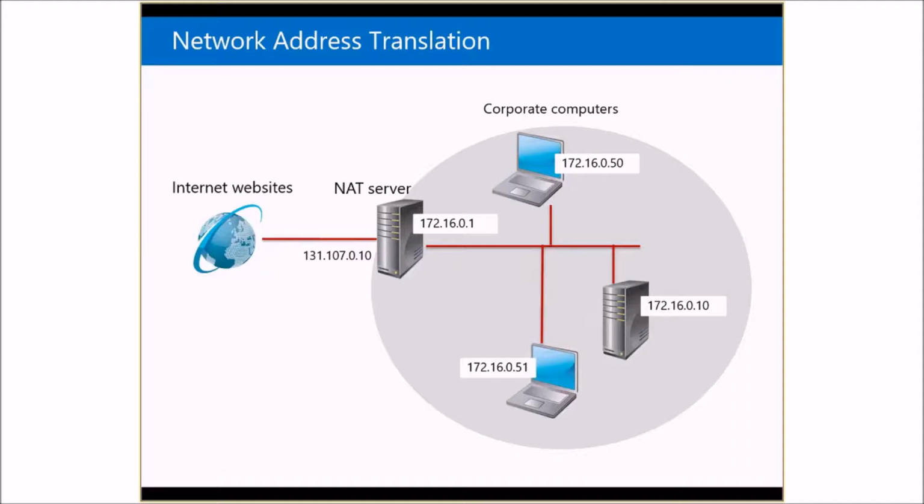Who's done that before? A couple of you guys, what did you do it for? Games. That's probably the number one answer. Everyone's nodding their heads for games. If you want to set up a game server on your network and you want other people to connect to it, then you have to port forward. Port forwarding is a direct mapping of a particular port that's exposed onto the internet or the other network, and it connects directly to a specific computer on the same port. Okay.